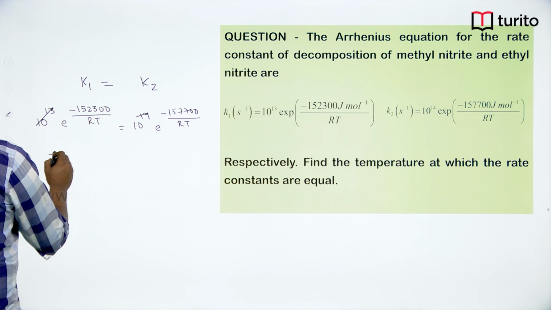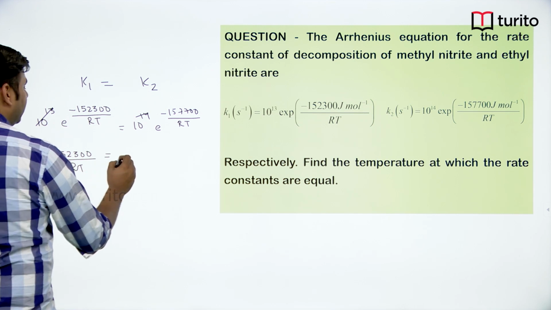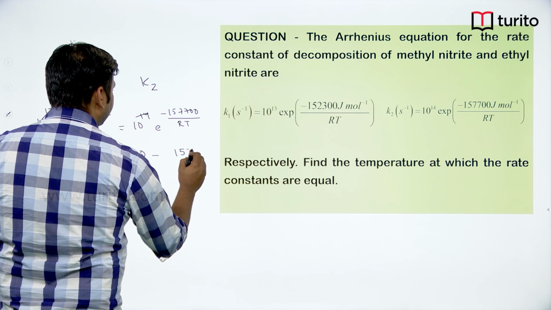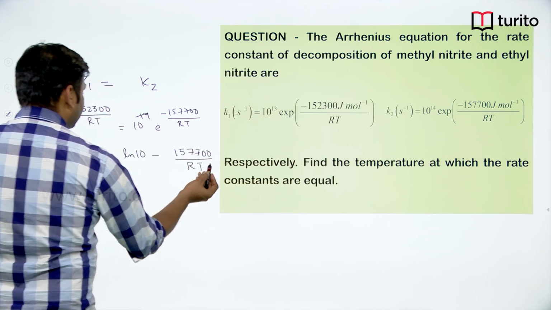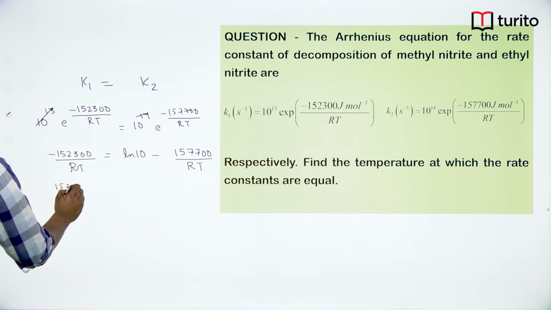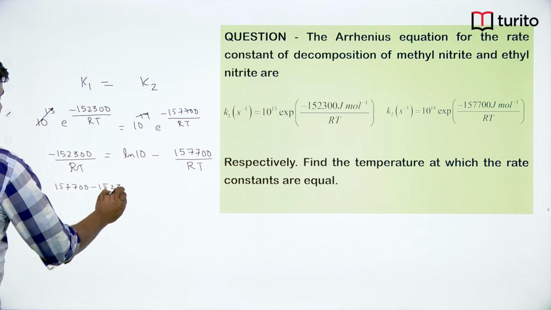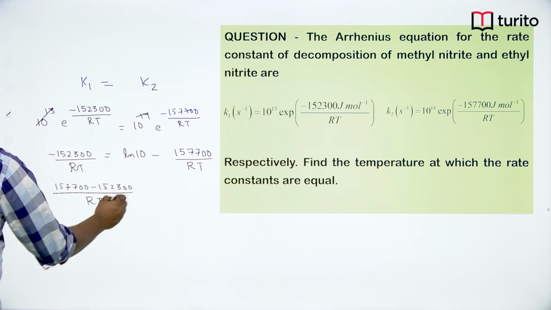When you take the log, this will become minus 152300 upon RT, and this would be ln 10 minus 157700 upon RT. You can take this over here, so this becomes 157700 minus 152300 divided by RT equals ln 10.